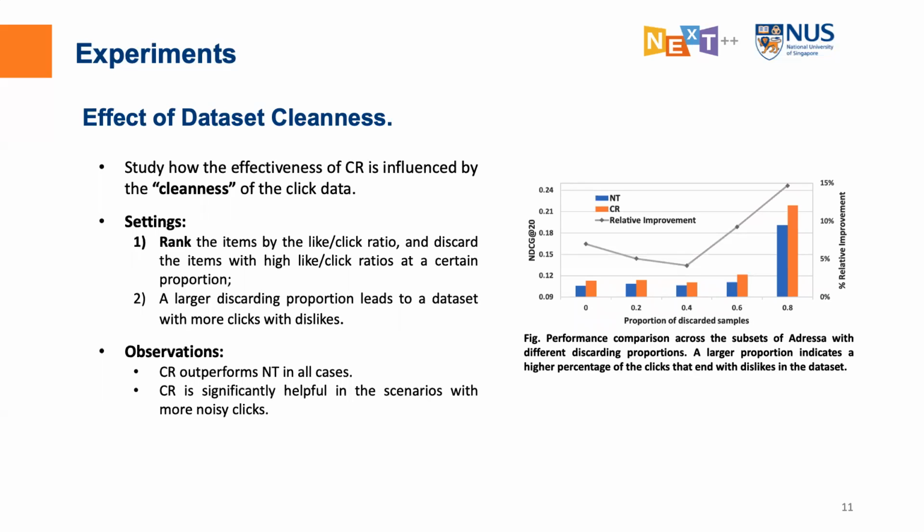Maybe we can decide the proportion of noise clicks in the training data. We can find that the test data is the same, and we only modify the training data.